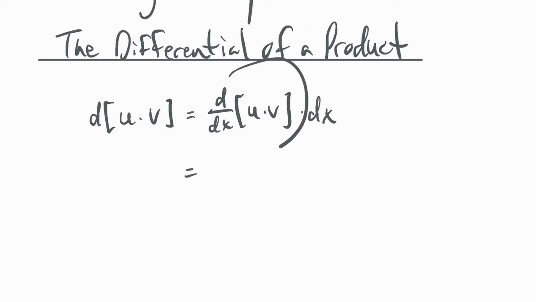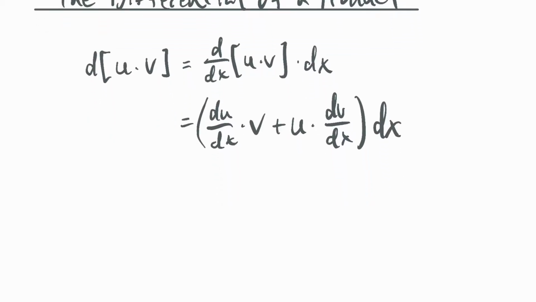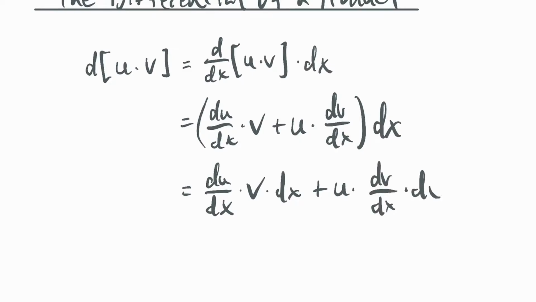So if I have the derivative of a product, well, I'm using the product rule, right? So this will be (du/dx) times v plus u times (dv/dx), times dx. Now, if I distribute the dx, this is du/dx, it's not a t, it's just a badly written x, times v times dx plus u times dv/dx times dx.